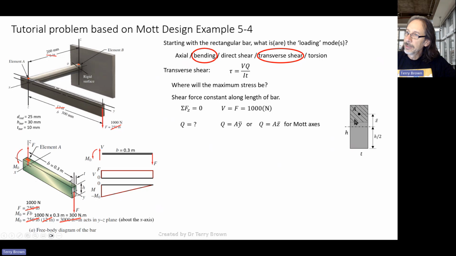So it's the area times the distance from the neutral axis to the centroid of this little area above the layer where we want to know the shear stress. Okay, so where is the shear stress going to be maximum? At the top or the bottom? Or at the top or at the neutral axis? Stop the video and answer for yourself.